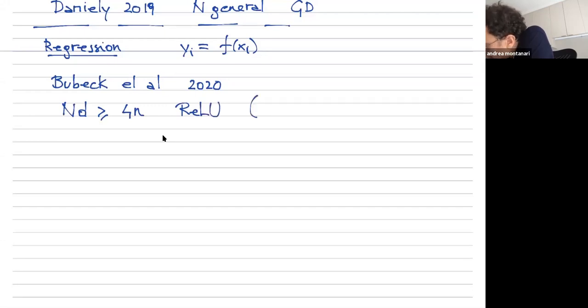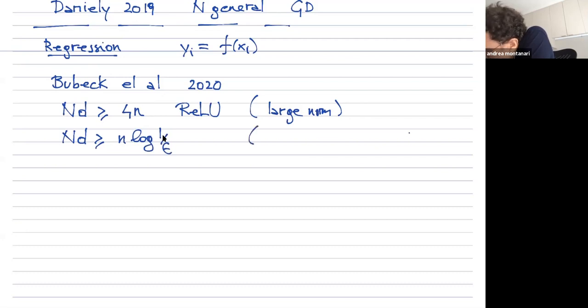The construction is a little bit artificial. In particular, they point out that it leads to a large norm network, so probably not one that gives a good classification generalization error. And then they have another result for nd bigger than n log 1 over epsilon, and always ReLU, I think.